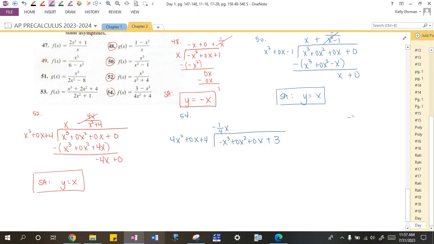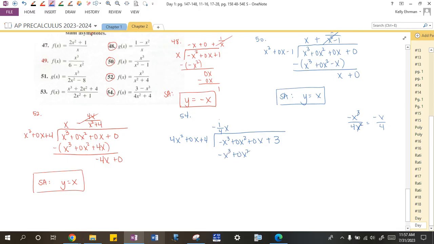Remember, you can also always just do this. We're just dividing. Just divide and simplify. You get negative x over 4. So same idea. When you multiply that through, you get negative x cubed plus 0x squared.